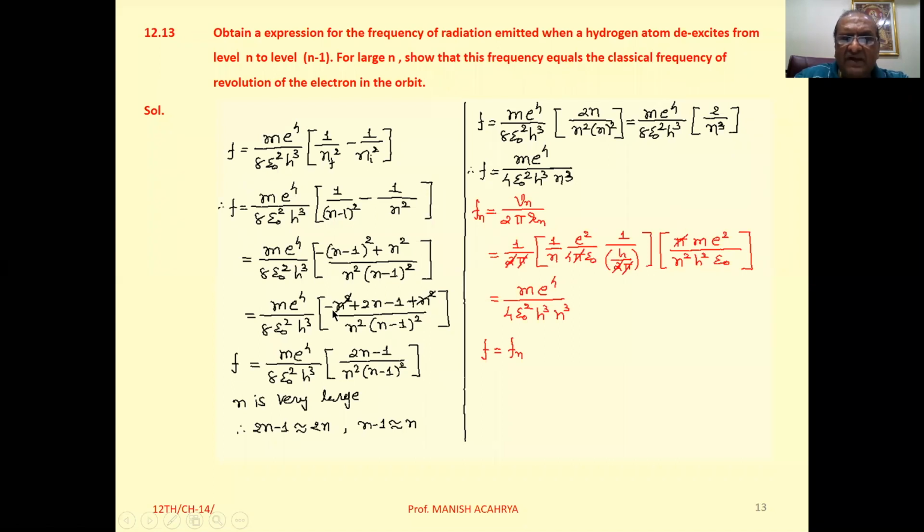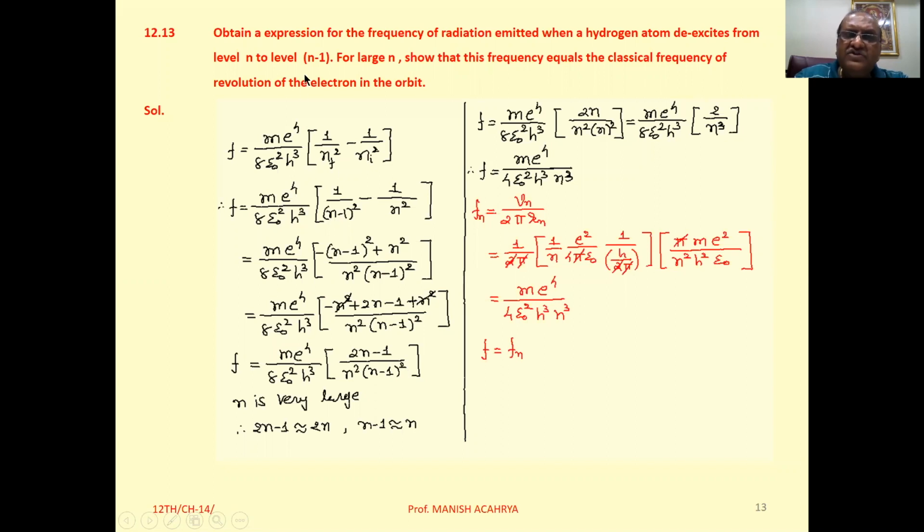Simplify this one: minus n square plus 2n minus 1 plus this n square, upon n square into (n minus 1) whole square. So n square cancelled. Again we can write f equal to me^4 upon 8 epsilon 0 square h cube into (2n minus 1) upon n square into (n minus 1) whole square.